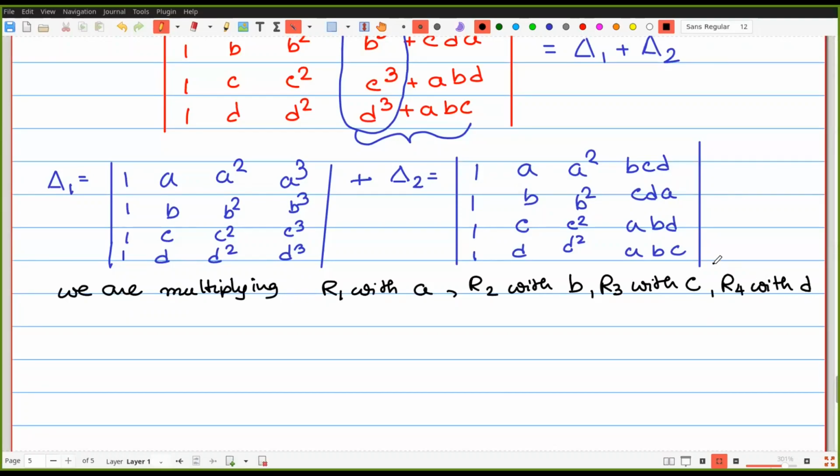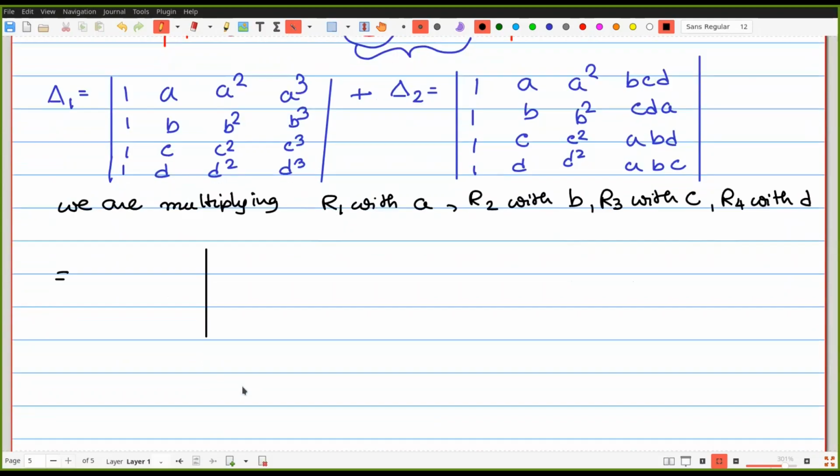Okay, as like suddenly we have multiplying A, B, C, D with the determinant. So when we are multiplying, we have to divide those also. Okay, so I am writing here in that way. Suppose we are multiplying the first row with A. So that means A into 1, A into A square, A into 2.